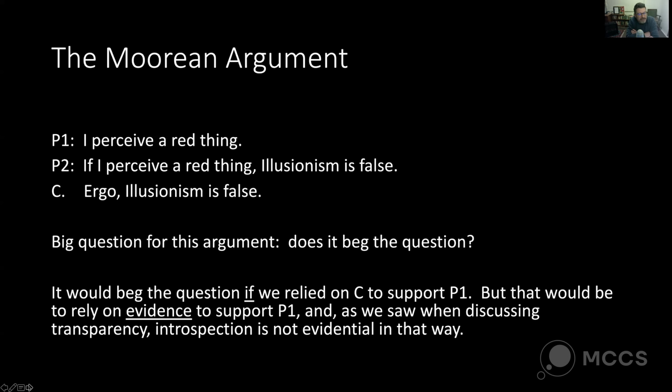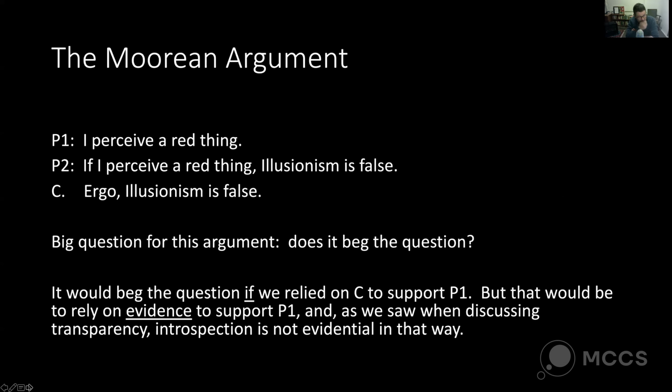And the sense in which it doesn't beg the question picks up on a theme that we considered in lecture 3, about transparency. So what would it be? Let's think about this argument again. If I perceive a red thing, premise 1. Premise 2, if I perceive a red thing, illusionism is false. Conclusion, illusionism is false.